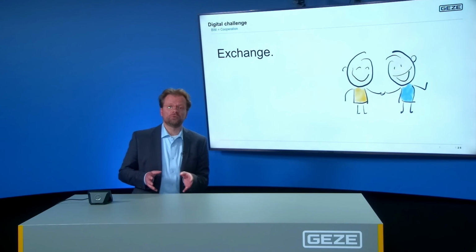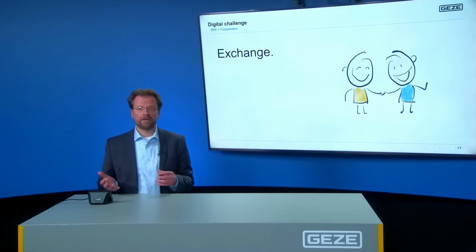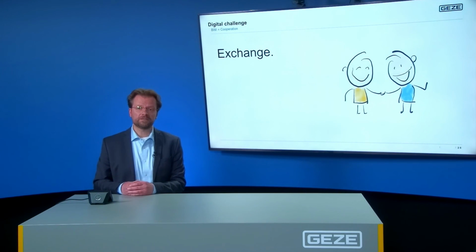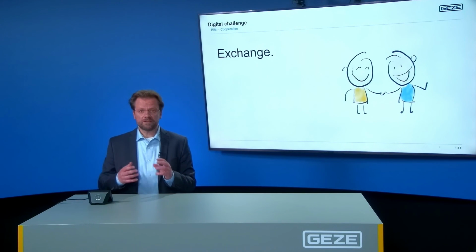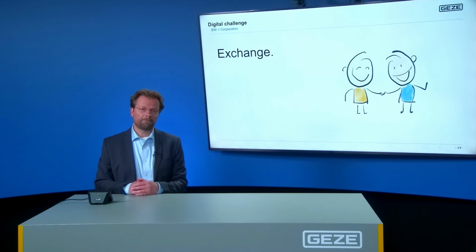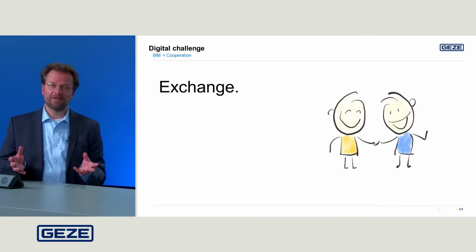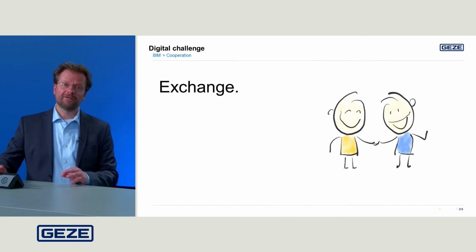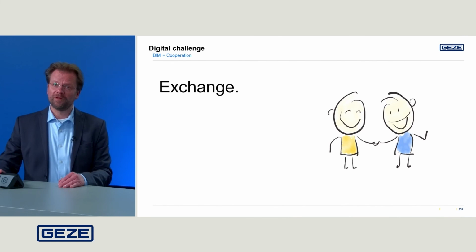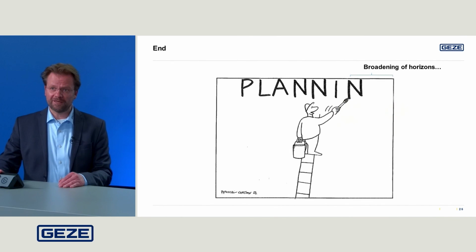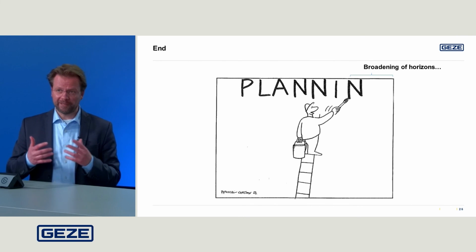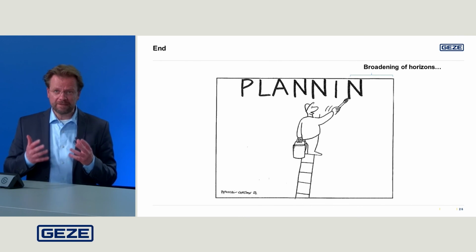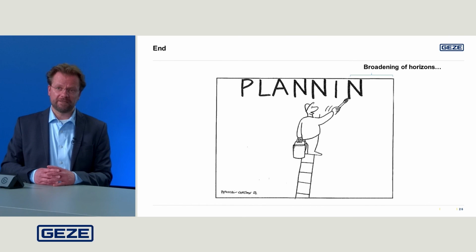BIM is a tool. BIM is a process. It's the possibility for us to keep in touch. And please use it this way, and please ask us way earlier than you did before, because in this case we can broaden your horizon, your planning horizon, and keep you from making mistakes.